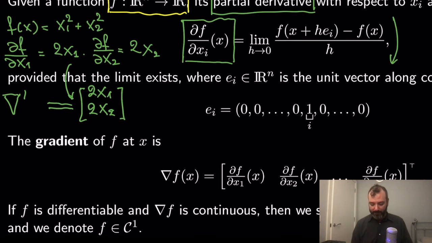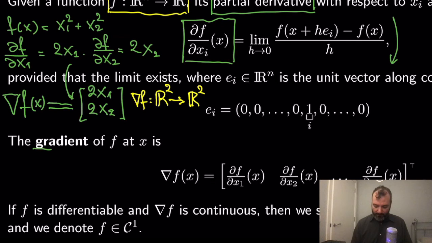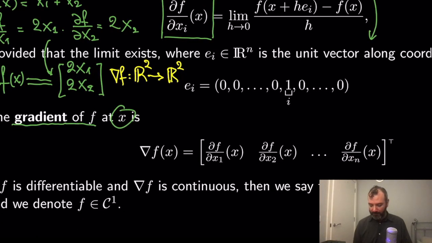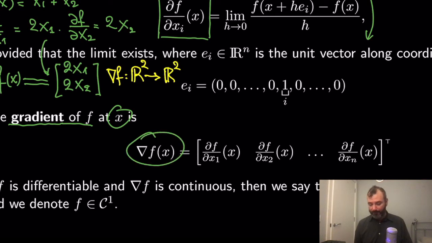This is the gradient of your function f, and this gradient is a function of x. Let's look a little closer. What is this really? It's a function that takes a vector and returns what? Another vector. It takes a vector and it gives me a vector. This is called, once again, the gradient of f. The gradient of f at a point x is denoted like this, and it is a vector.